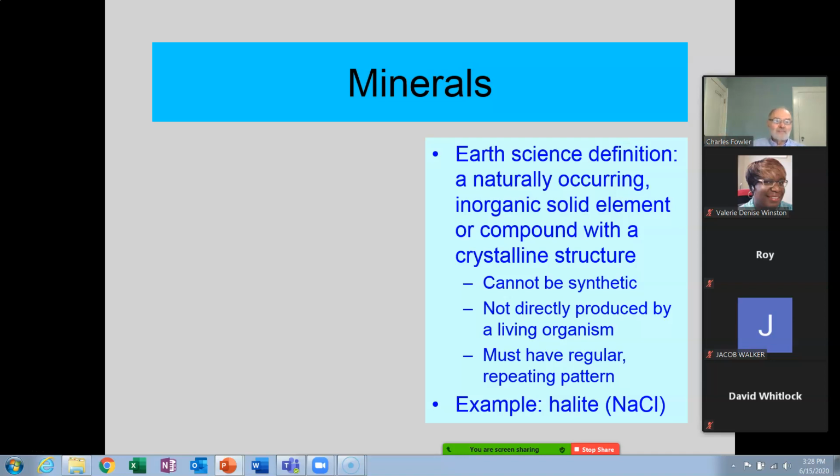Chlorine, what is chlorine? Chlorine is a green gas. It's a poisonous gas that you would definitely not want to be around. When you see those big tanker cars on the trains, sometimes you'll see a warning, chlorine.